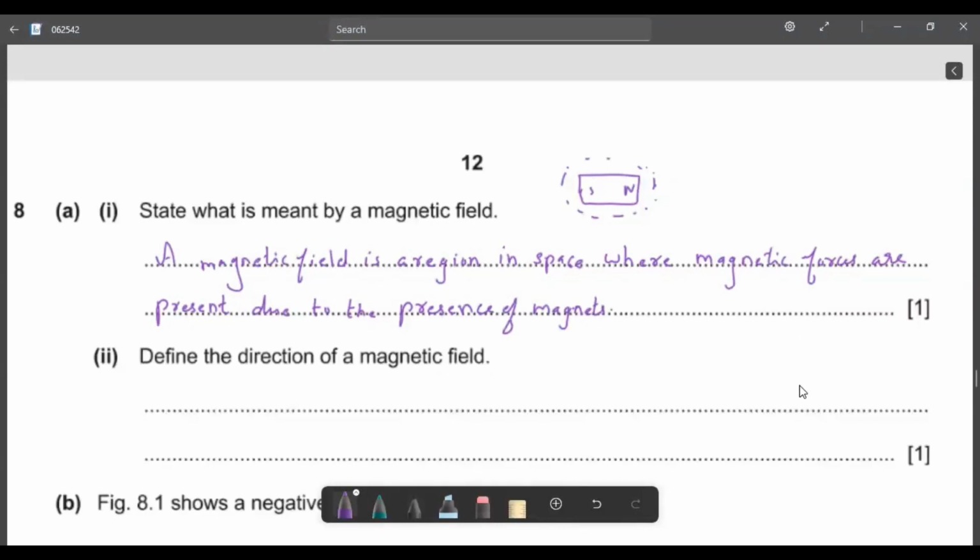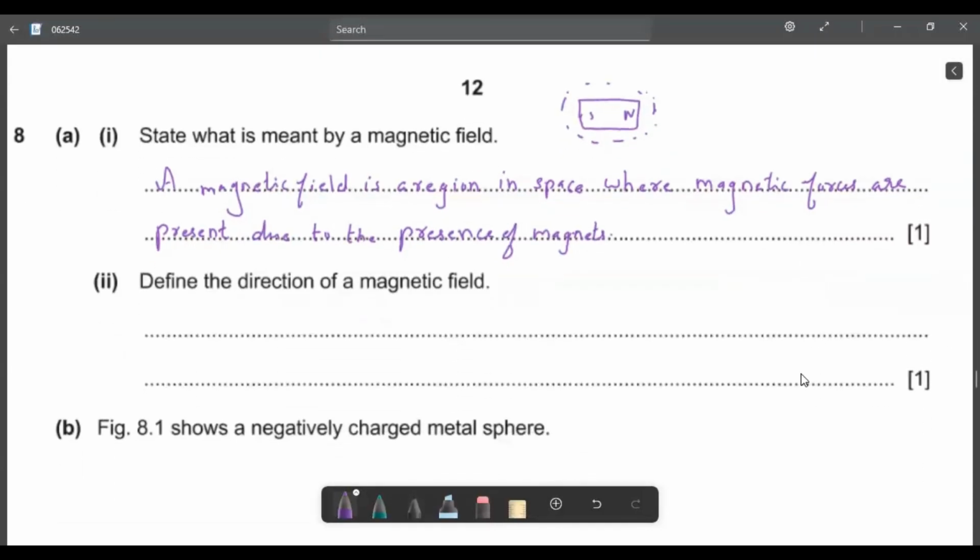Define the direction of magnetic field. The direction of magnetic field is the direction of north magnetic pole that would be oriented if placed at a particular point in the field. That is, it is the direction of force on the north pole.